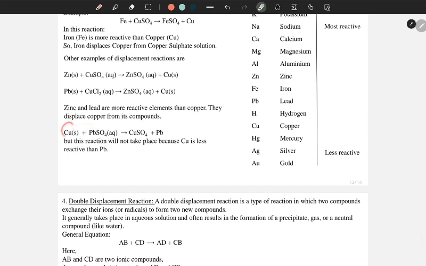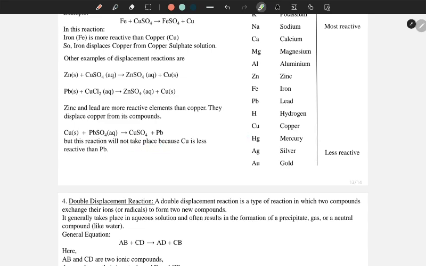Now let's see copper plus lead sulfate. Here copper is here and lead is here. So definitely this reaction will not take place, as copper is less reactive than lead. So this reaction cannot take place.